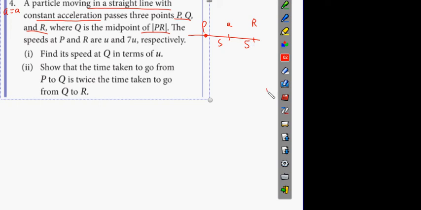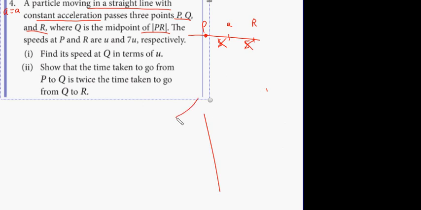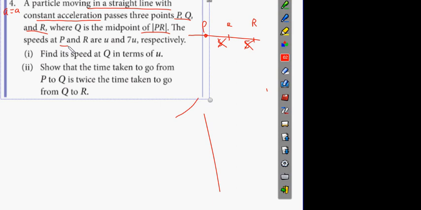Or we can call it X, which might be easier, so we don't have to write the letter twice. So let's call them X. Now, it says the speed at P is u, and the speed at R is 7u, respectively. Find the speed at Q in terms of u.